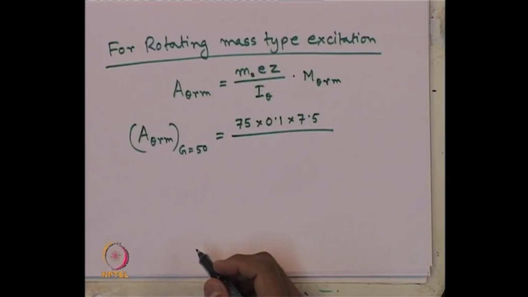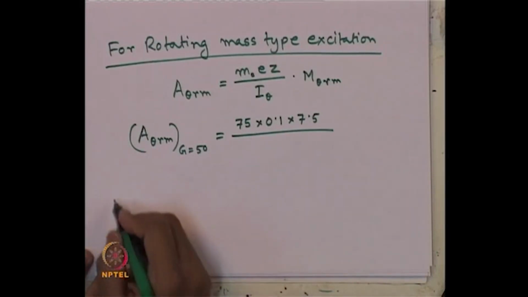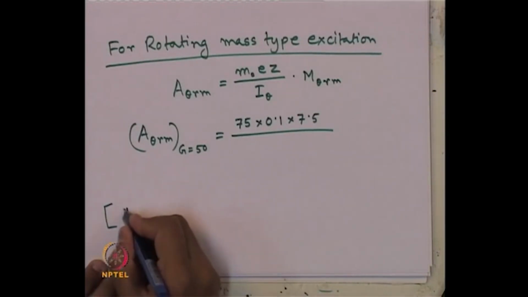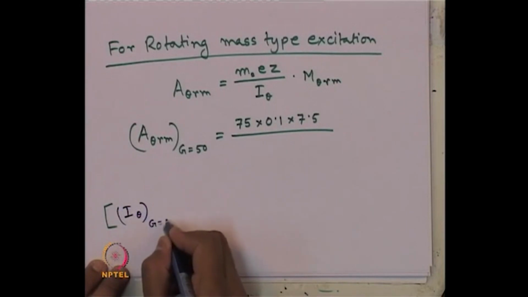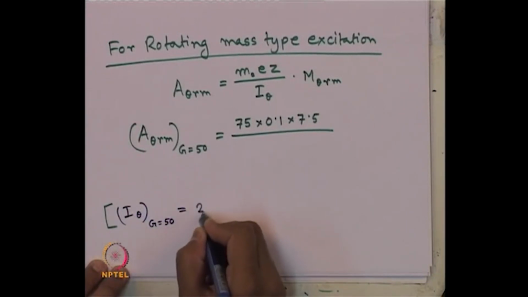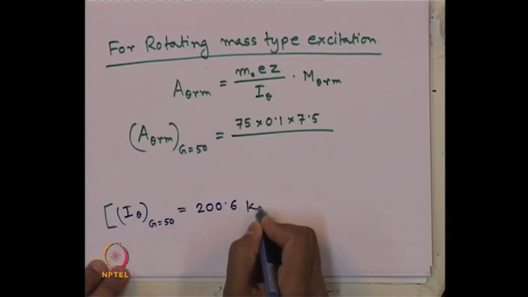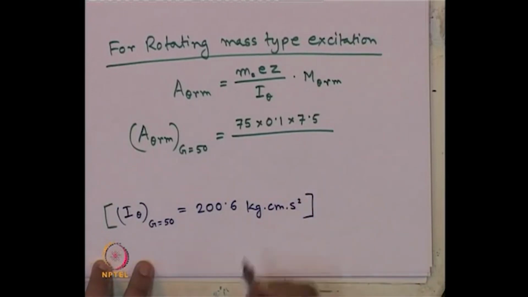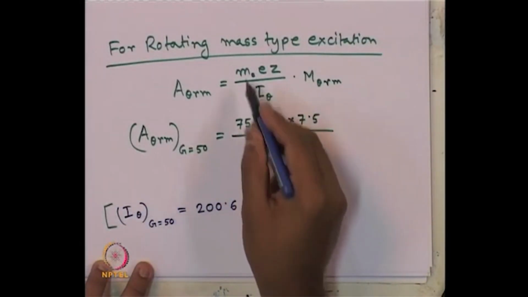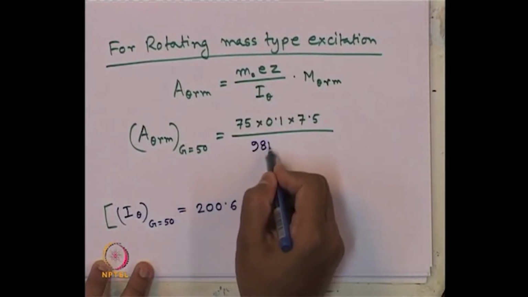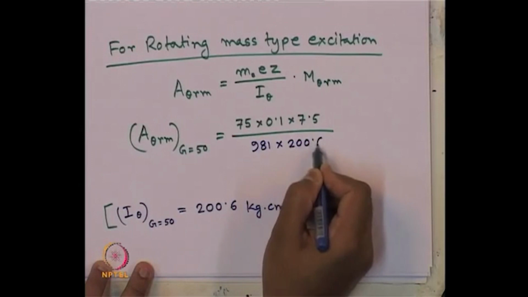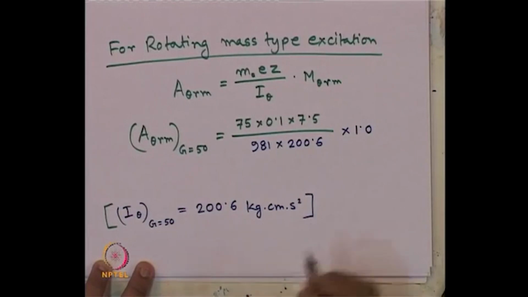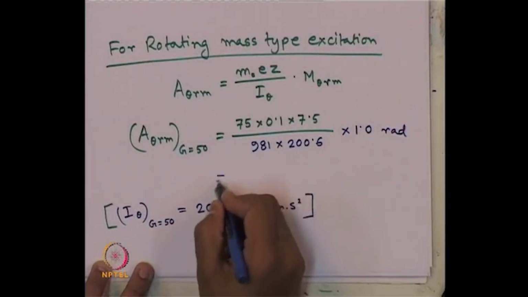If you refer to our previous calculation, I will remind you, I theta for G equals 50 was 200.6 kg force centimeter second square. So, that we have to use, and M E is mass. So, 75 by 981 into 200.6 times M theta Rm, which is 1, we have read from the design chart.